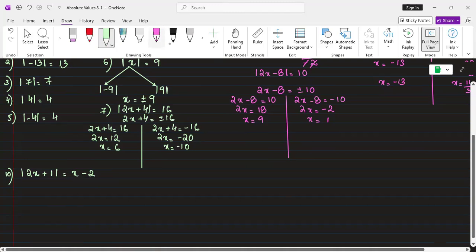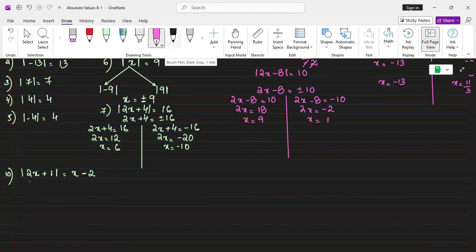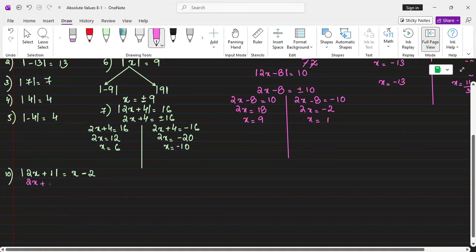So what you should do is write it as 2x plus 1 is equivalent to plus minus x minus 2. First, solve it as 2x plus 1 is equivalent to x minus 2, and then the other case.